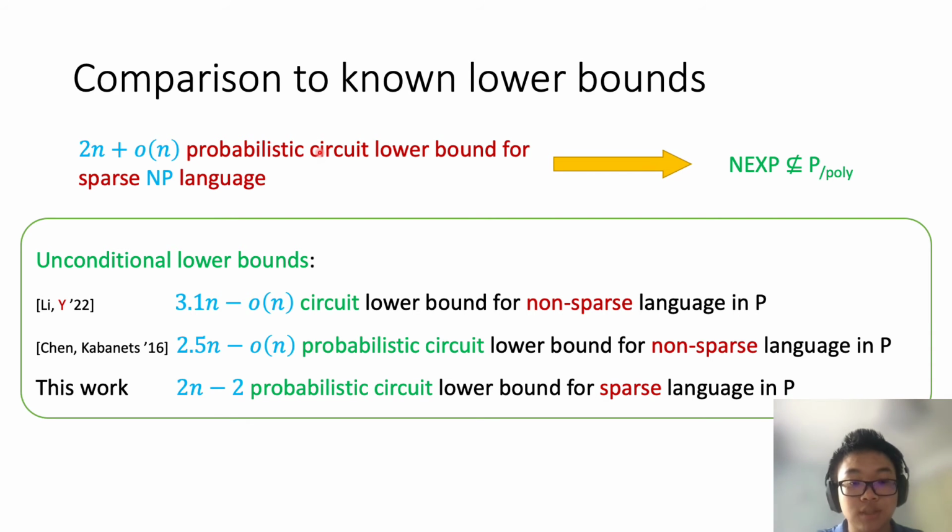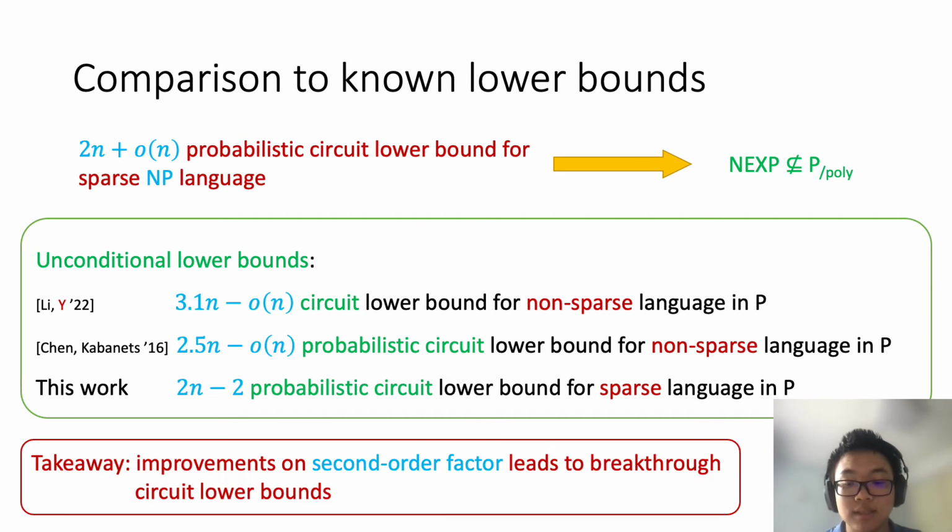These two are for non-sparse languages. If we further require sparse languages, as we do in the premise, there's a 2n minus 2 probabilistic circuit lower bound. So you can see that even improving these results a little bit, even a second order factor, can lead to breakthrough circuit lower bounds.